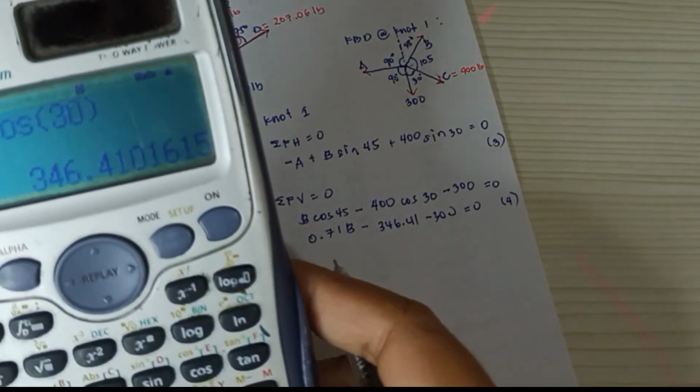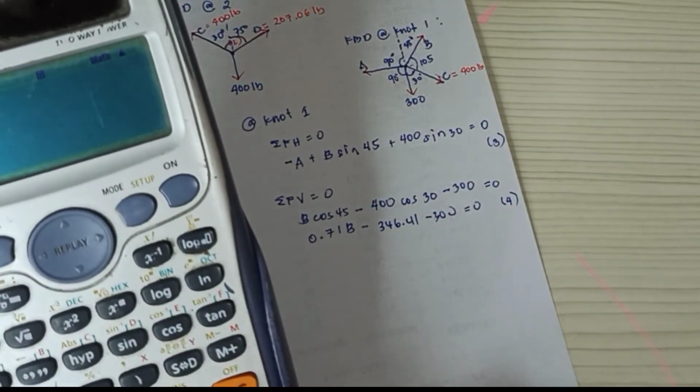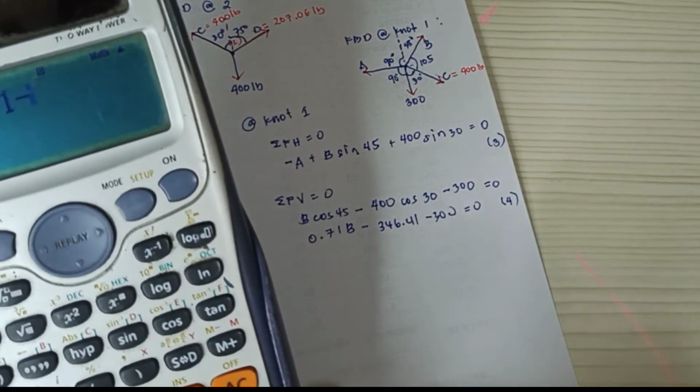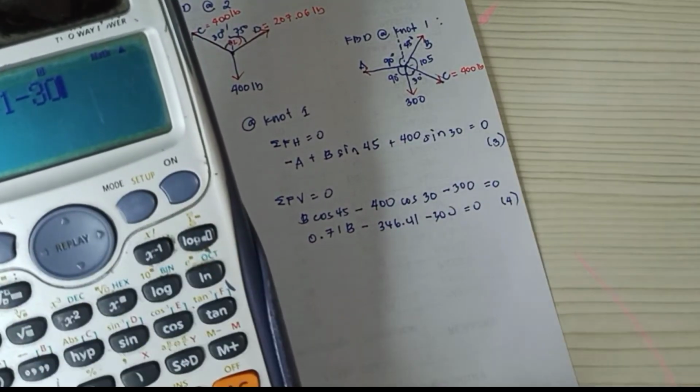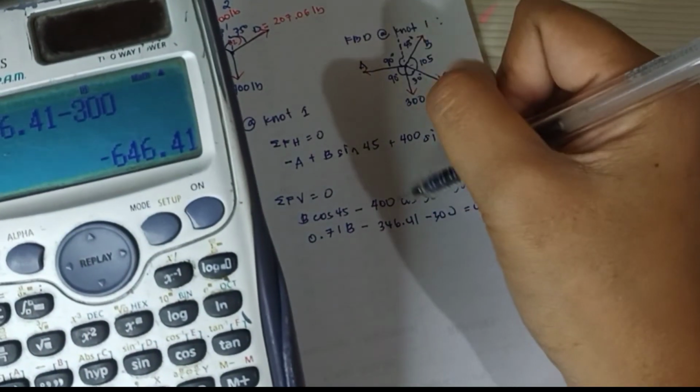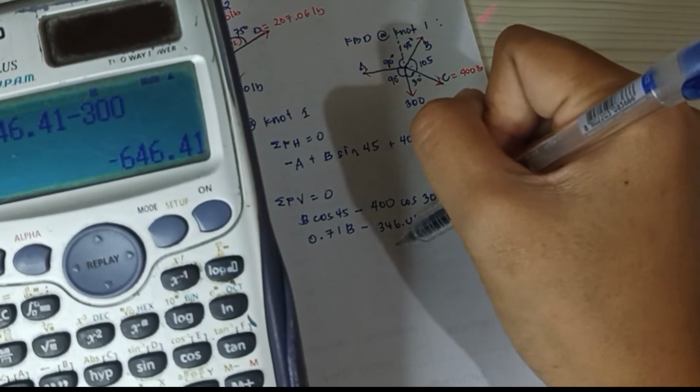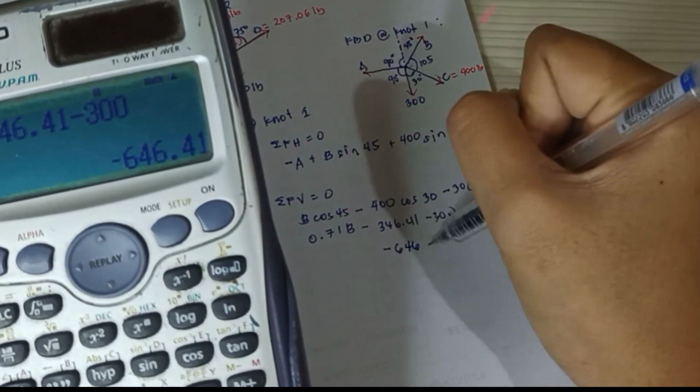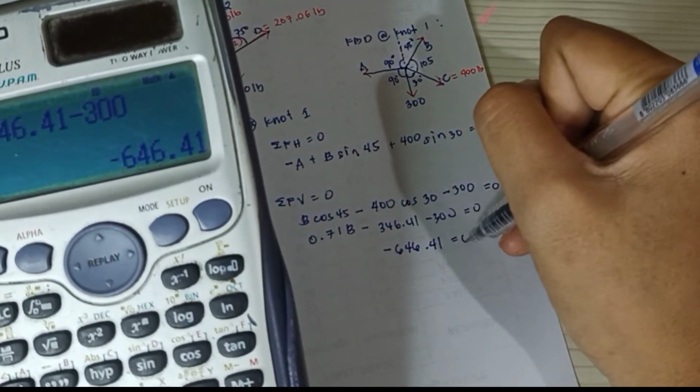So let us simplify. Negative 346.41 minus 300 equals negative 646.41 is equal to 0.